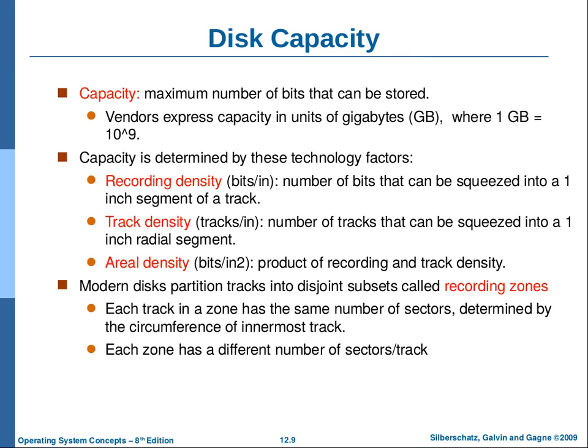All right, capacity. Vendors express capacity in units of GB, gigabytes, where 1 gigabyte is 10 to the 9th. Why is that confusing? What is it really?